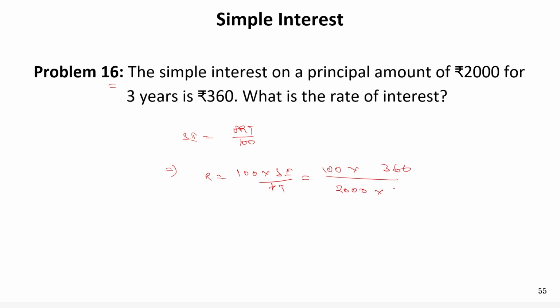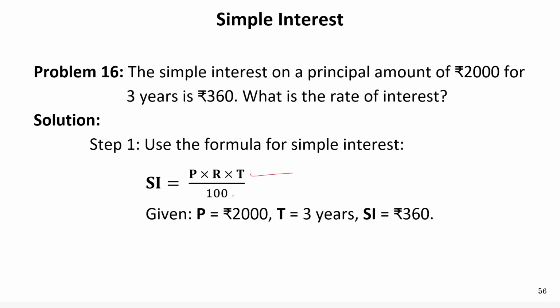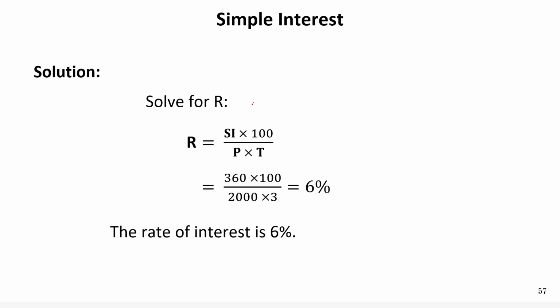So P is equal to 2000, T is equal to 3, SI is equal to 360. So solving for R is equal to SI into 100 whole by PT, is equal to 360 into 100 whole by 2000 into 3, that is equal to 6%. So the interest rate is 6% only.